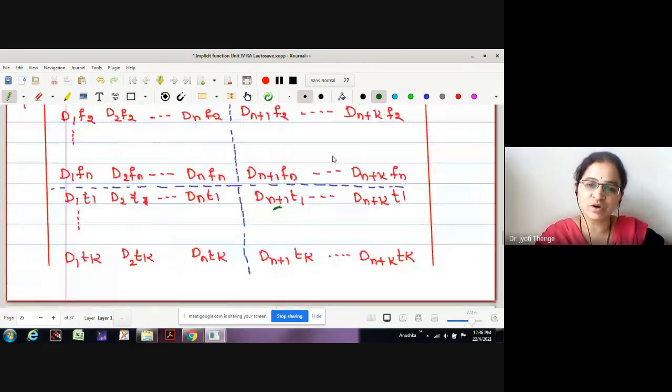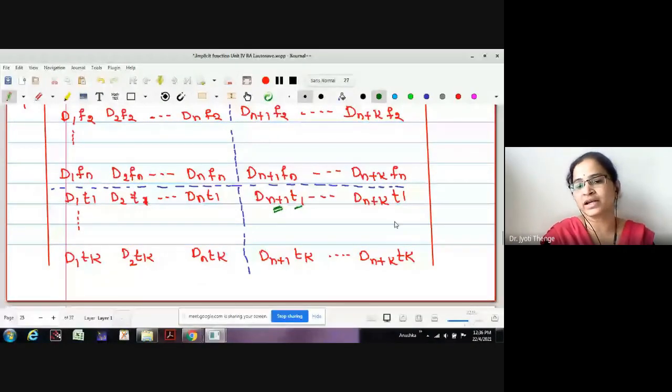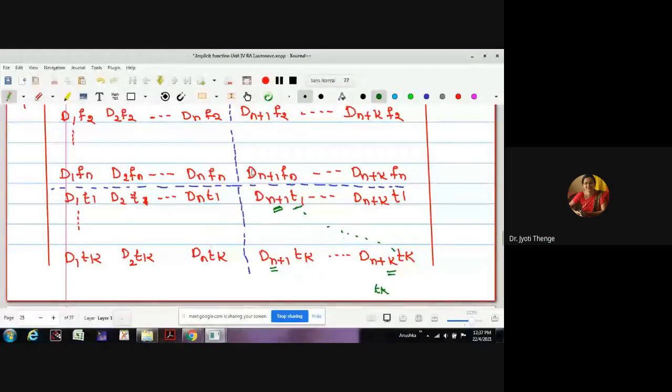Therefore, the partial derivative of t1 with respect to t1 is 1. But all the rest of the terms in this row are 0. Therefore, in this section, all diagonal entries will be 1. Because if we observe this last entry, D(n+k) is actually with respect to tk. Therefore, the partial derivative of tk with respect to tk is 1. But the partial derivative of tk with respect to all the remaining variables will be 0, because all these are my independent variables. Therefore, this section is a 0 matrix, this section is a 0 matrix, and this section is an identity matrix.